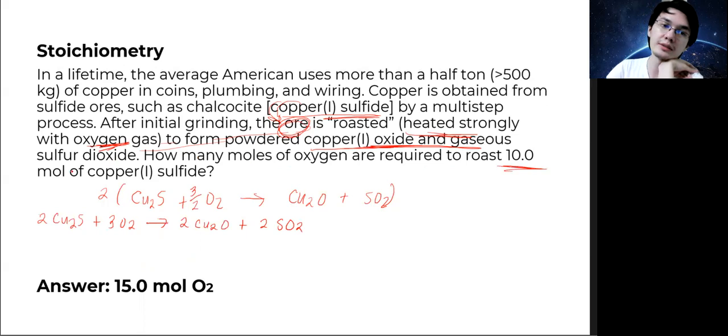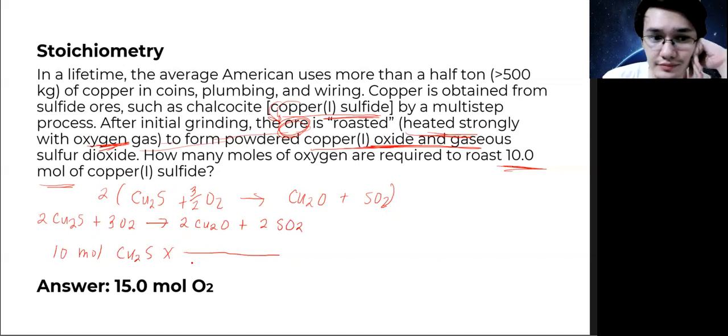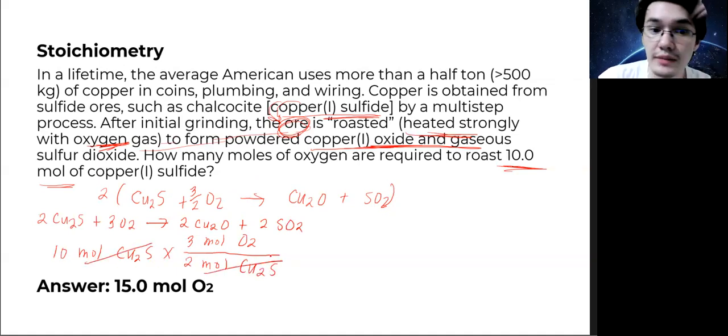So, we can now use this chemical equation. We have 10 moles of copper sulfide, so how much oxygen will be consumed? To determine that, we use the ratio from the chemical equation. To get moles of oxygen, we multiply by the ratio 3 moles of oxygen over 2 moles of copper sulfide so that it cancels. We look for a way to cancel in order to get the moles of oxygen.